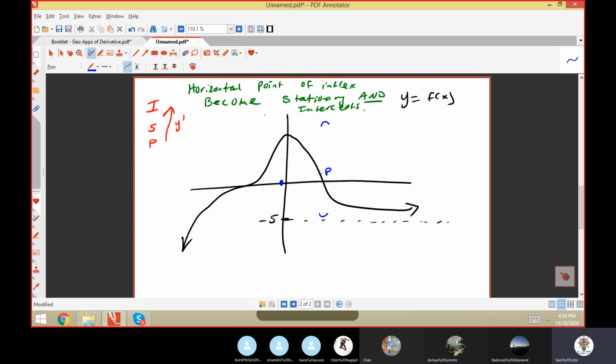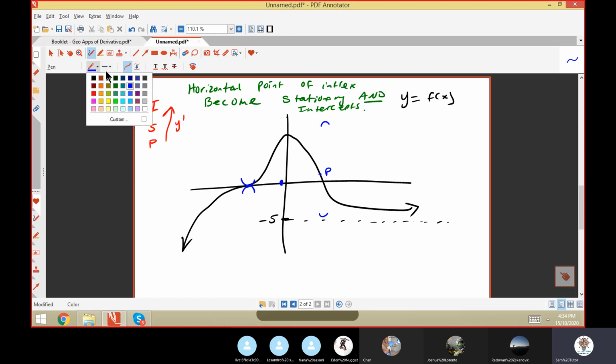This one, back to this. Horizontal point inflections, what do they become? Stationary and intercepts. So they're not stationary up here or down there. Where are they specifically? Yeah, specifically on here. On the actual axis. They're right there. So you actually have their y values. We're done.